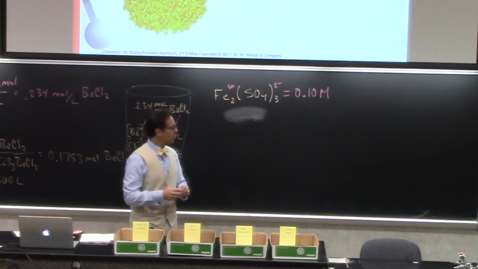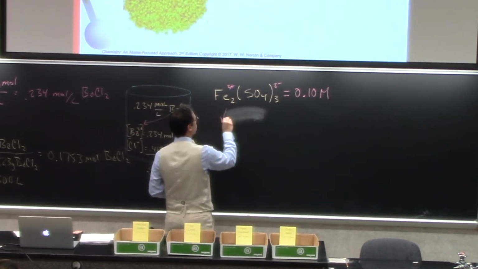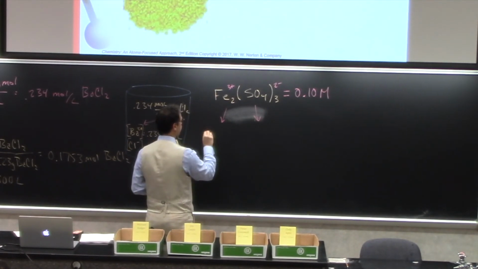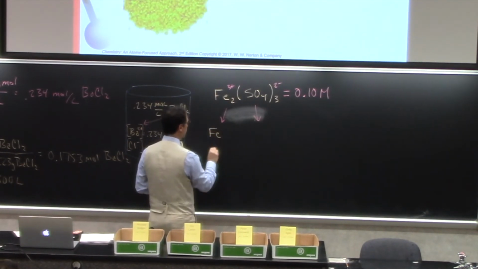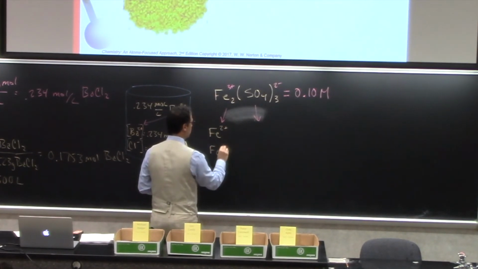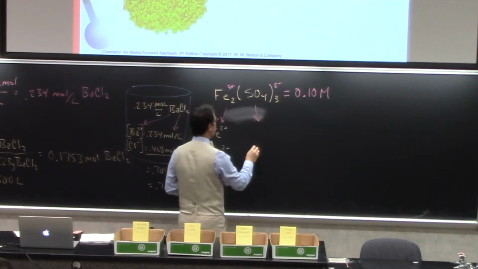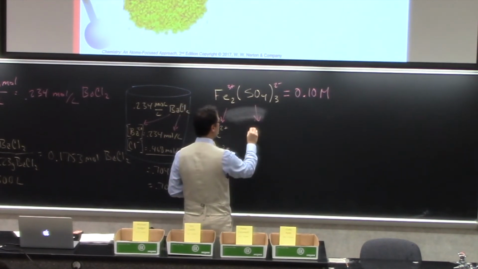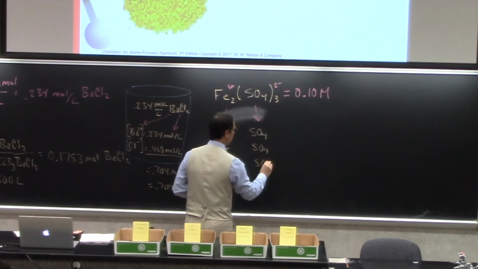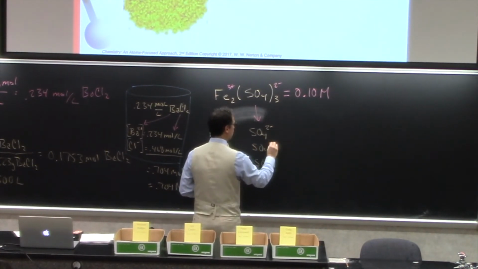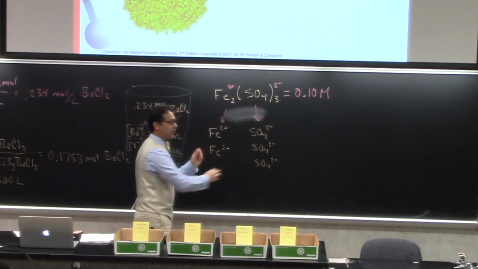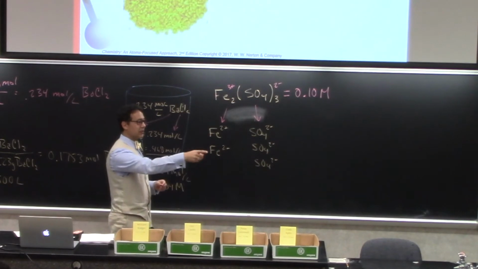This comes apart, and we'll end up with a couple of irons. So an Fe and an Fe, and these will each be 2 plus. And then this sulfate will end up with 3 of those. So SO4, SO4, SO4, 2 minus, 2 minus, 2 minus. Okay, so this will break apart into these 5 things.